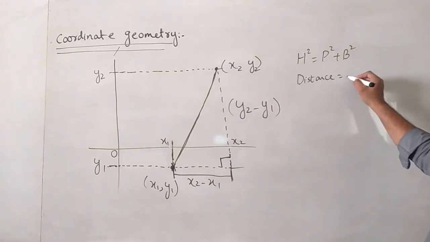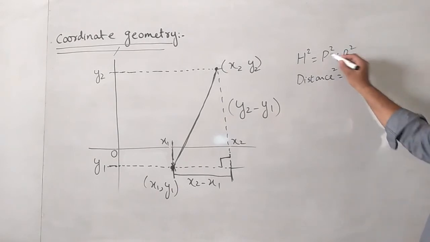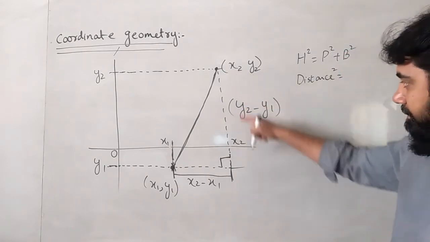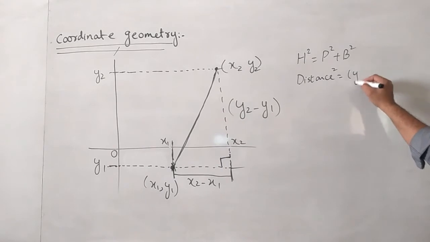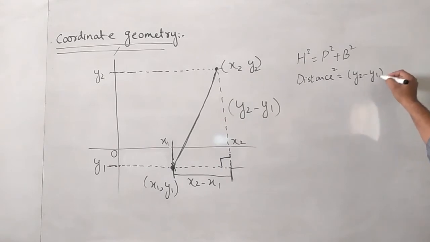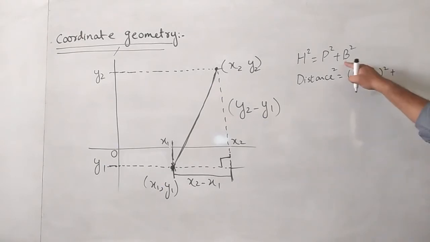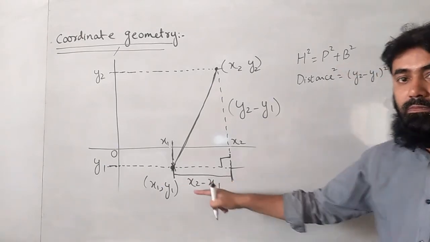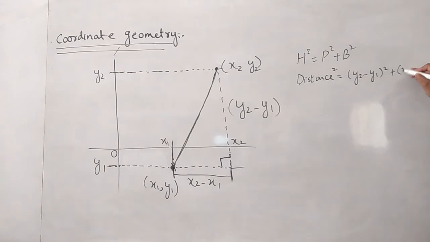So distance square equals y2 minus y1 whole square plus x2 minus x1 whole square.